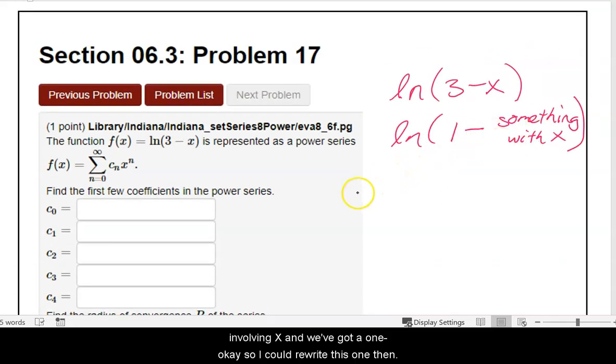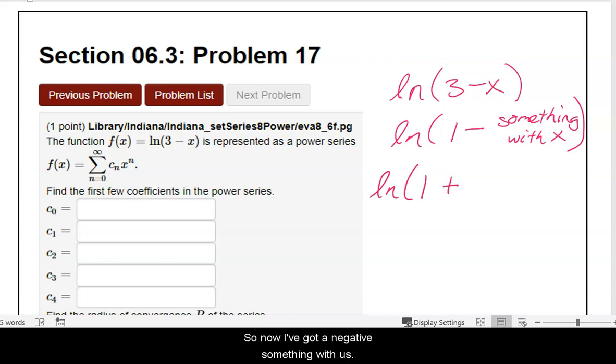Okay, so what I need to do then is rewrite this as 1 plus a negative something with x in order to use that formula.